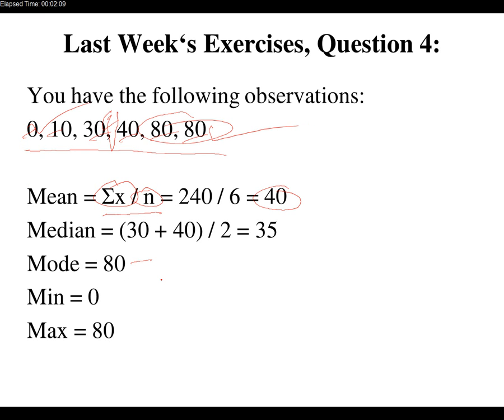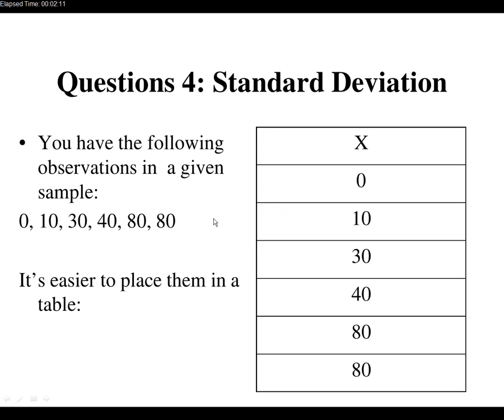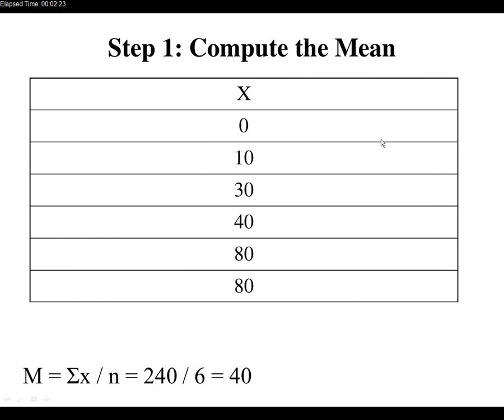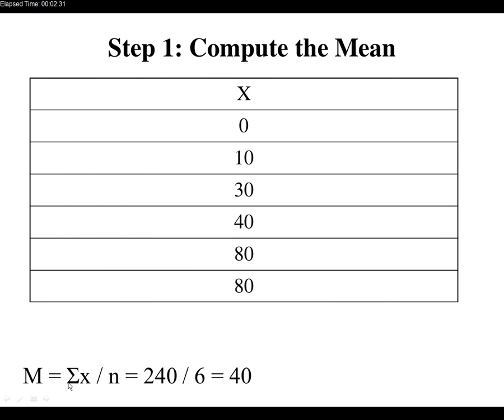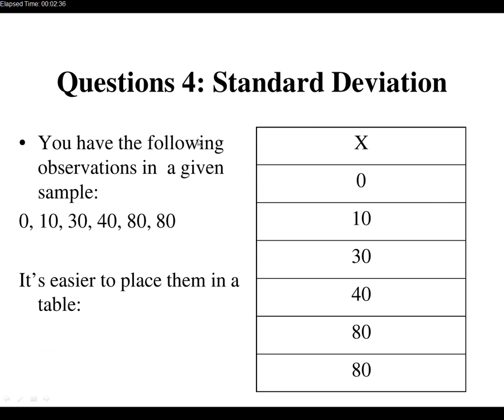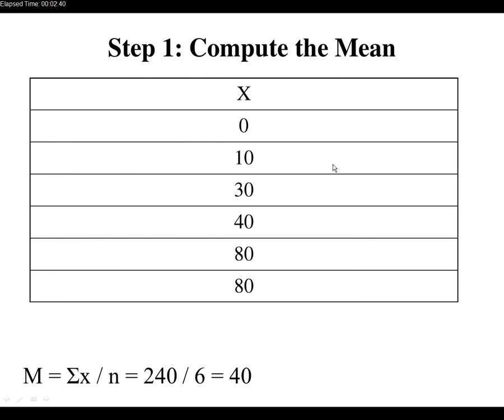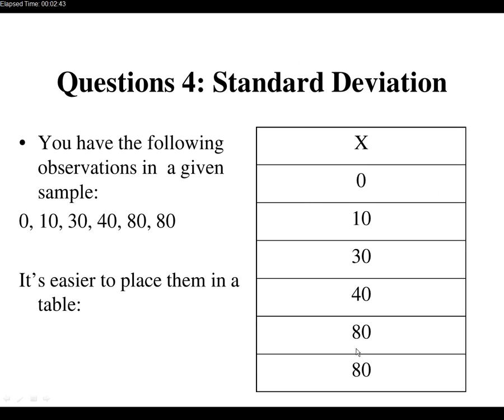I'm just going to hit the next key. Let's say we have the following observations in a given sample: 0, 10, 30, 40, 80, and 80. Let's go ahead and put those x scores in a table.